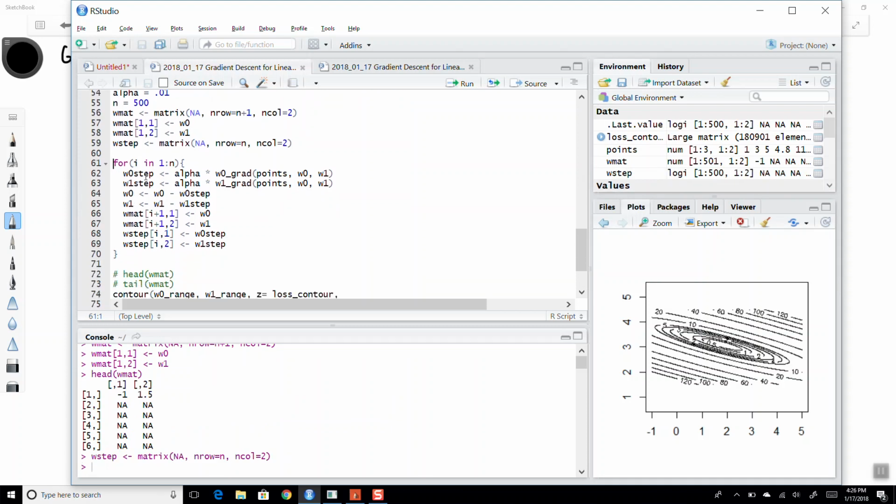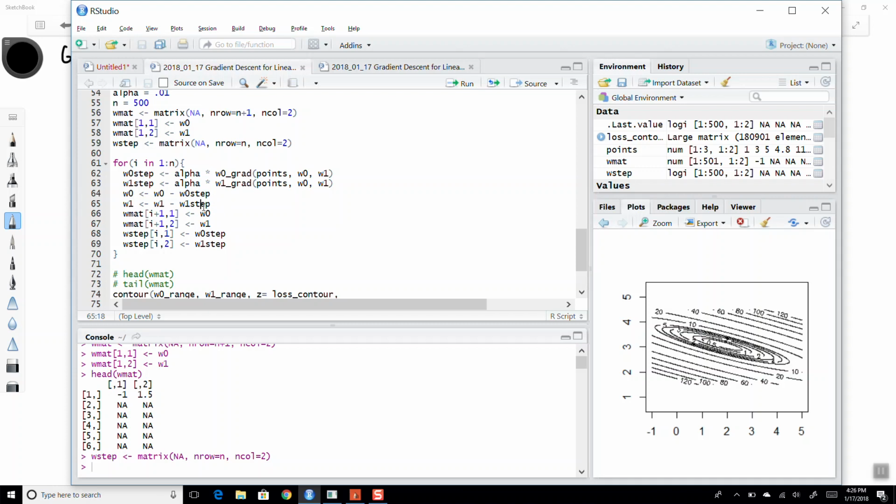And then all I'm going to do is, each step is just going to be alpha times the gradient, okay? So the step for w0 is going to be alpha times the gradient at that point. The step for w1 is going to be alpha times the gradient at that point. And then the next value that we will keep is going to be our current value w0, and then we just take a step in the negative direction, right?